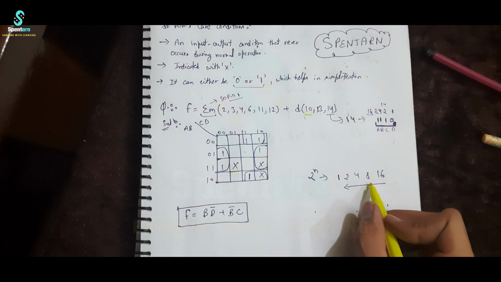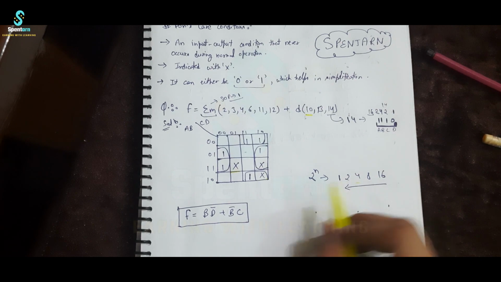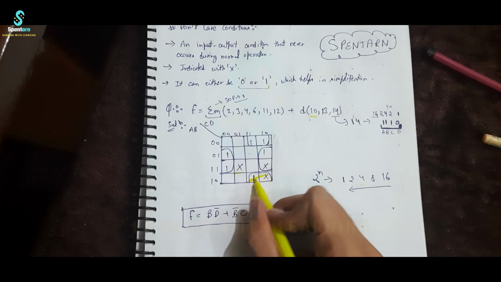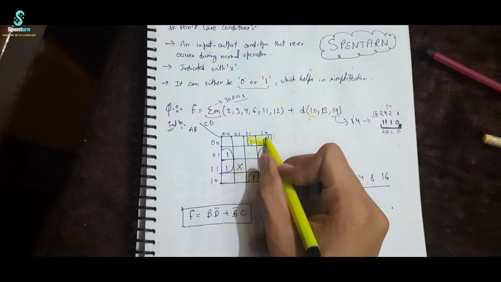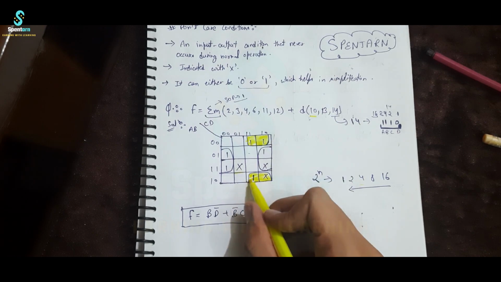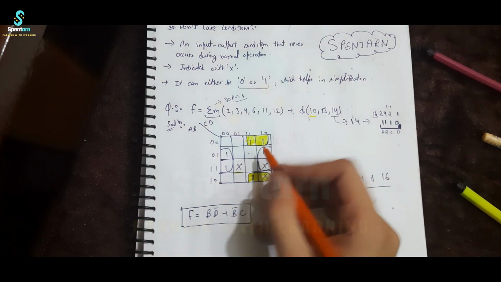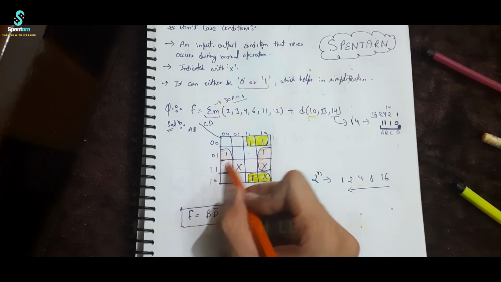But in case of 8, can we make it? Again, no. But in case of 4, yes, we can make it. How? See, we can take this cell, this cell and this cell, right? So this group is possible to make. Similarly, here this group and this group we can make.